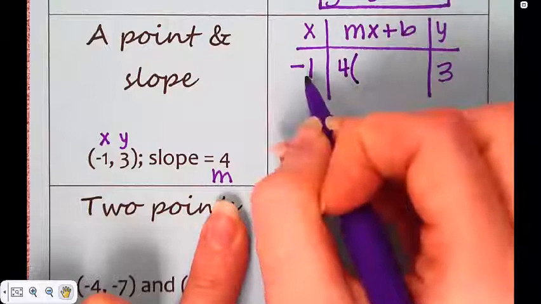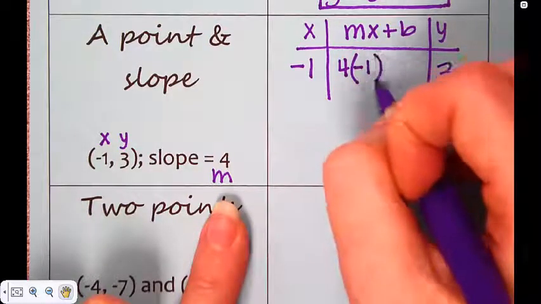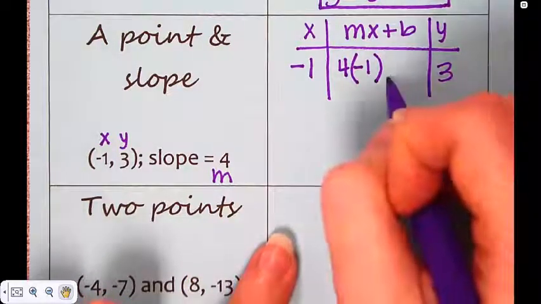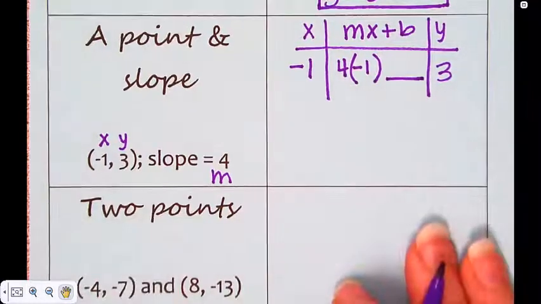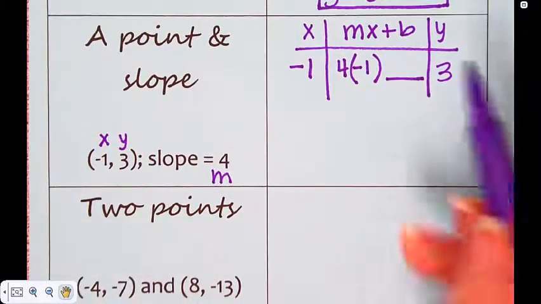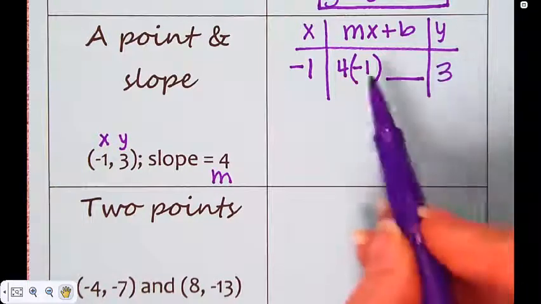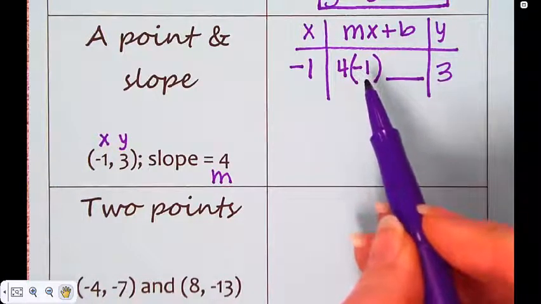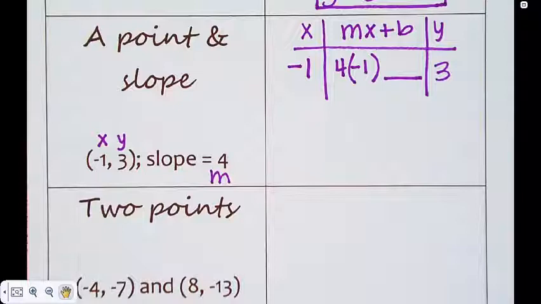We're going to put our -1 in for our x, just like we did for tables. And then we're going to find what value I need to add or subtract to this value to get 3. So 4 times -1 is -4. And then I need to get to 3. So how would I do that?